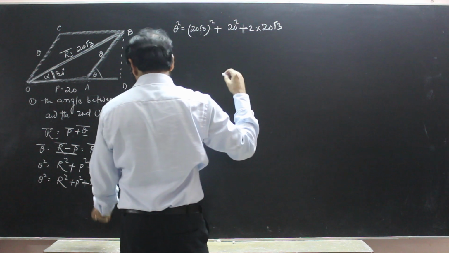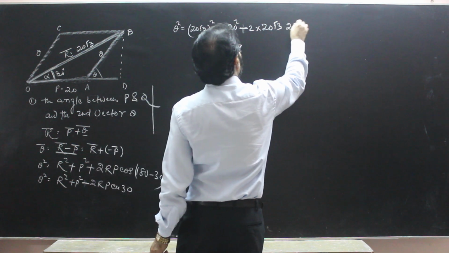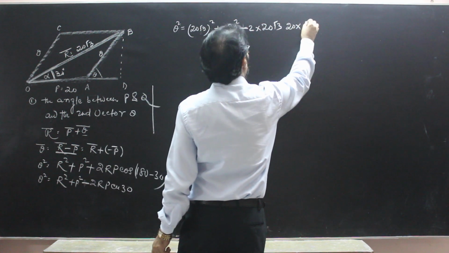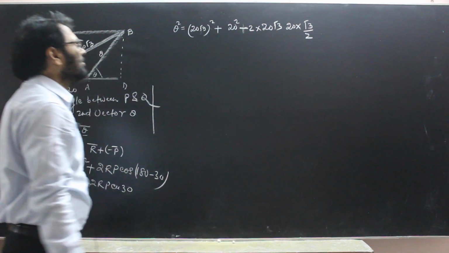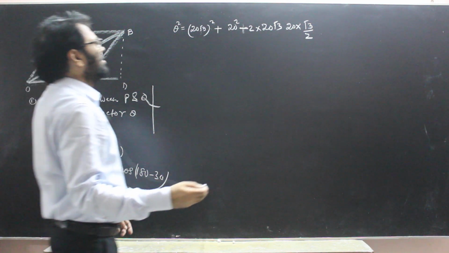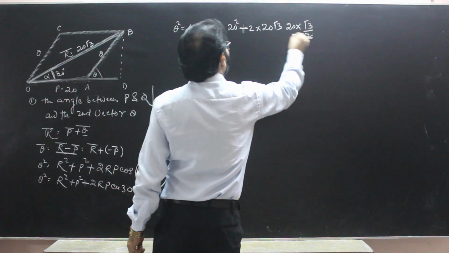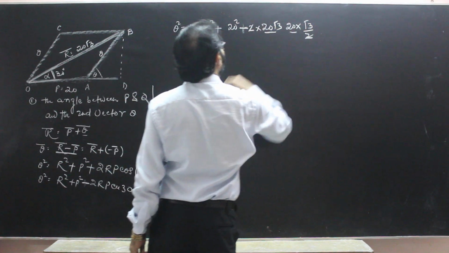This is R. P is 20 and cos 30 is root 3 by 2. So this is 2 and 2. So 20 root 3, 20 root 3.